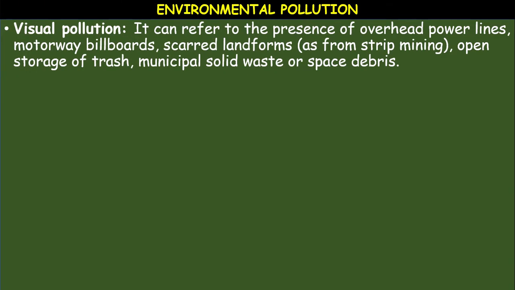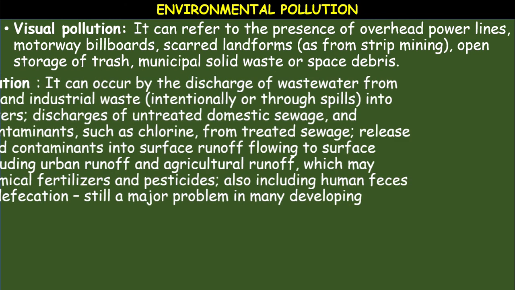Next, visual pollution. It can refer to the presence of overhead power lines, motorway billboards, scarred landforms as from strip mining, open storage of trash, municipal solid waste, or space debris. These all include visual pollution.